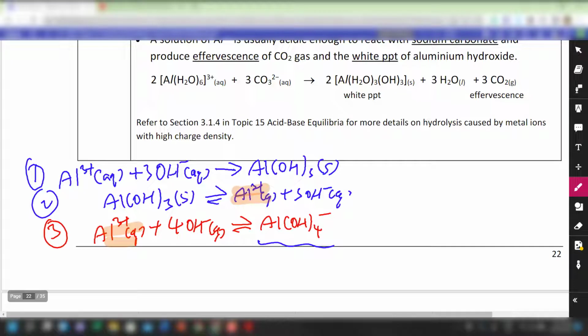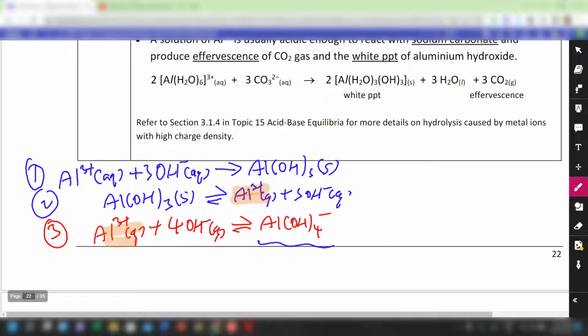And with a small amount of H+ being added, you are disturbing equilibrium 3. Because you are disturbing equilibrium 3, it leads to the formation of some Al3+. The production of some Al3+ and the presence of OH- will result in the equilibrium of 2 shifting to the left, and as the ionic product exceeds Ksp, 1 will lead to the formation of aluminum hydroxide as well.